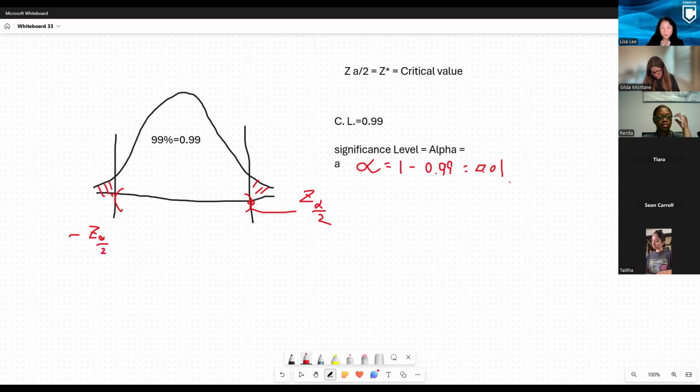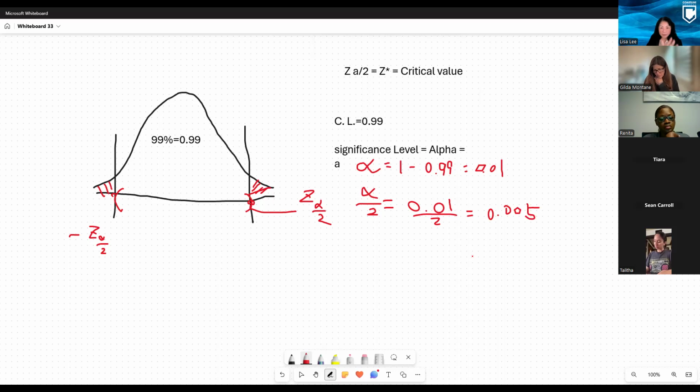So now we come to the point. You can see the area is alpha divided by 2, reflected at this point position here. So you take alpha divided by 2, 0.01 divided by 2, and the answer is 0.005.